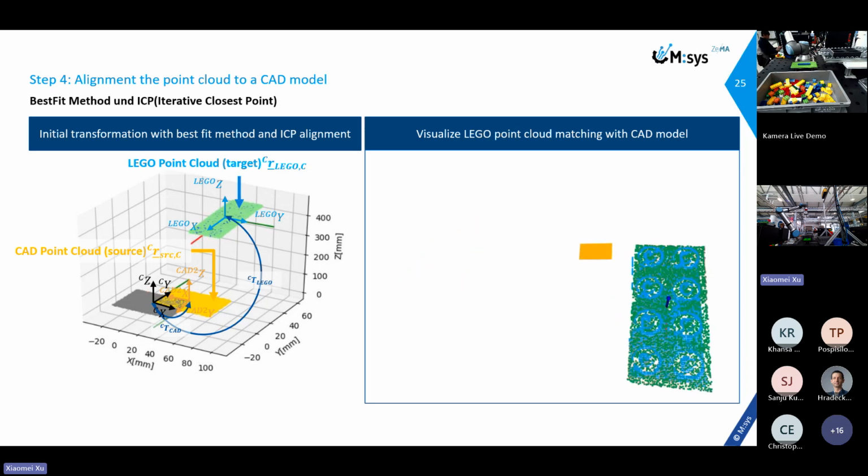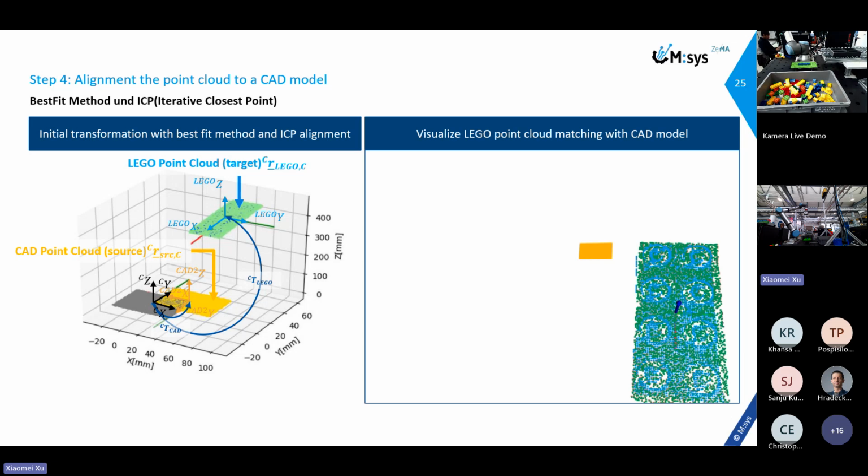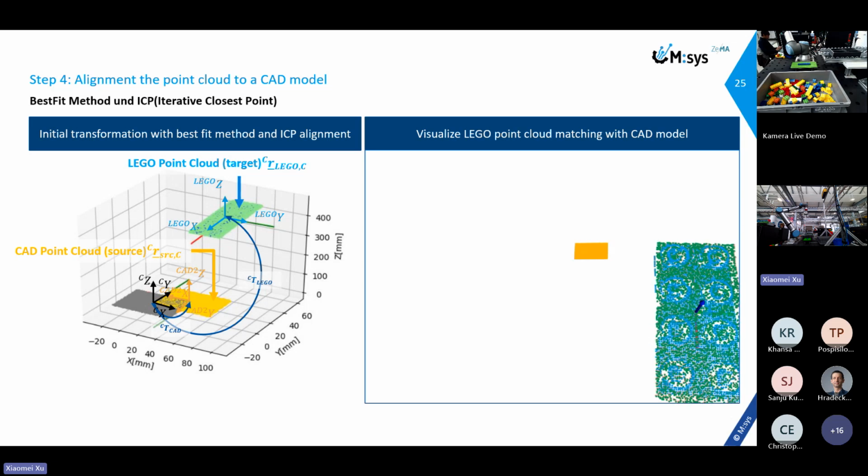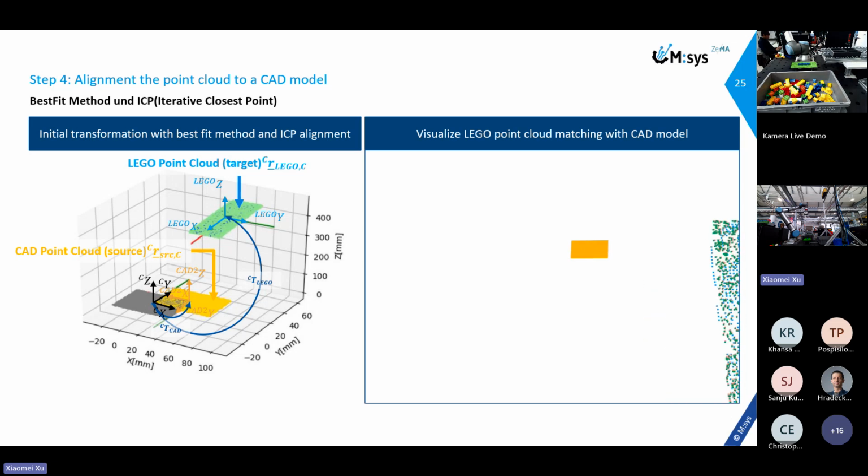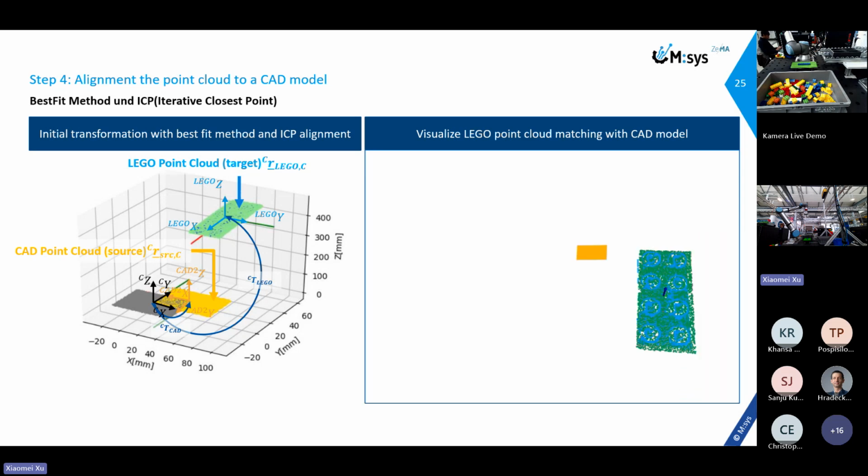Green is the CAD point cloud after the best fit method fits it into the Lego point cloud. Inputs to the ICP are the green point cloud, the blue point cloud, and the identity matrix, and the output is the transformation matrix from the green point cloud to the blue point cloud.